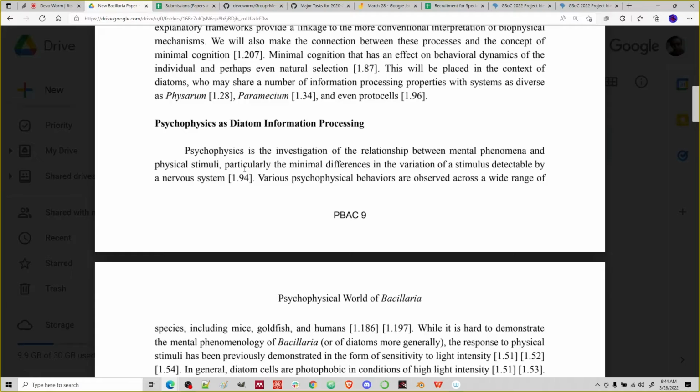They test a range of intensities, and you respond whether you saw it or not. Then they've been able to create psychophysical laws that show how human responses vary with the intensity of light. You'll usually get some sort of mathematical function that results from this. So that's the idea behind psychophysics.